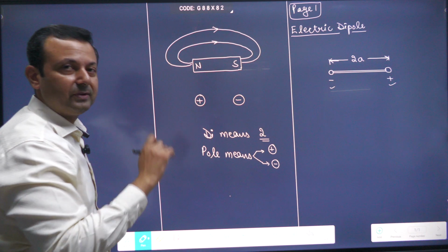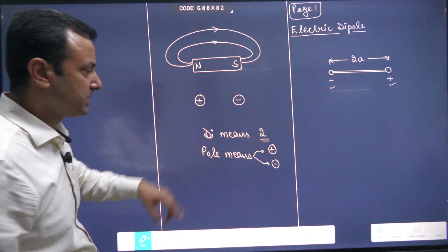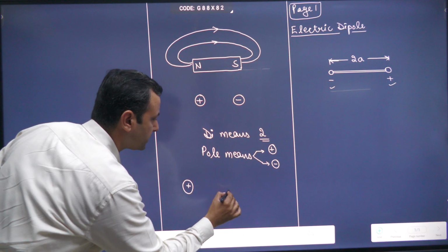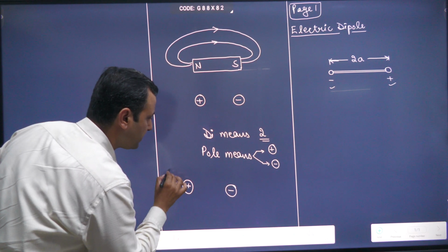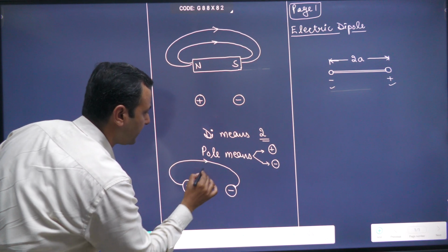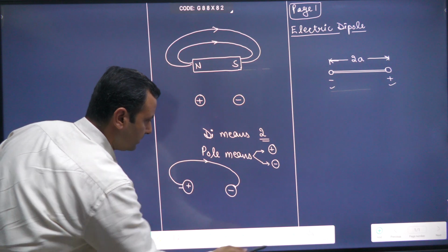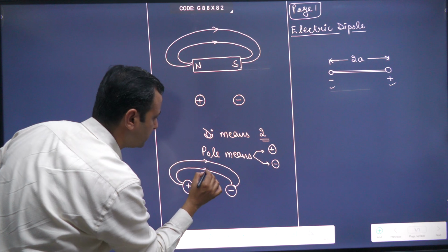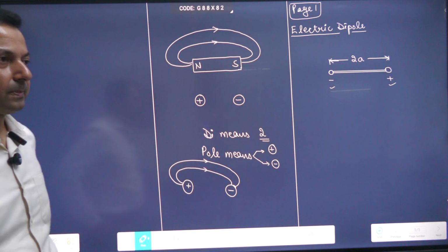Similarly, electric field lines always originate from positive charge and go to negative charge, like this.